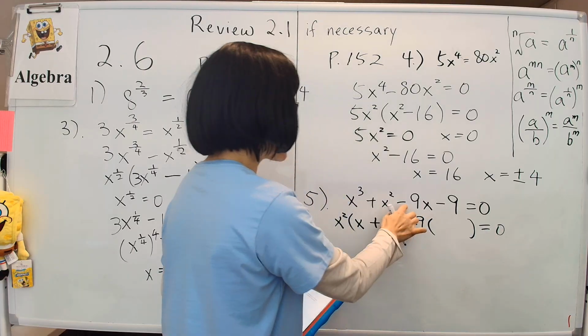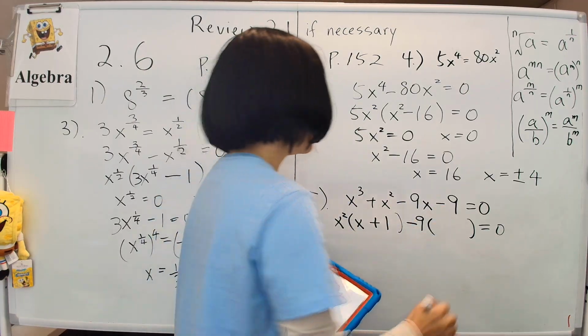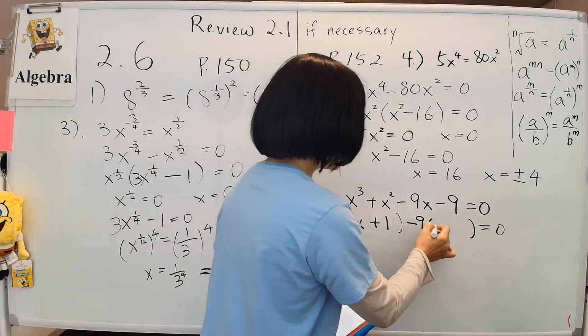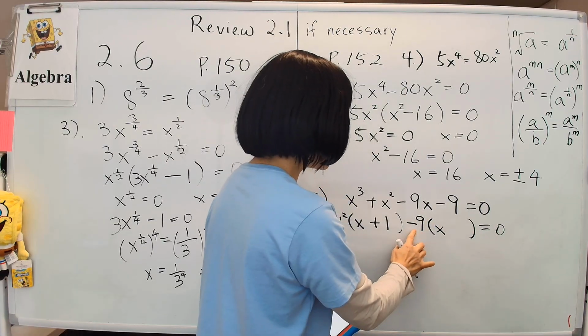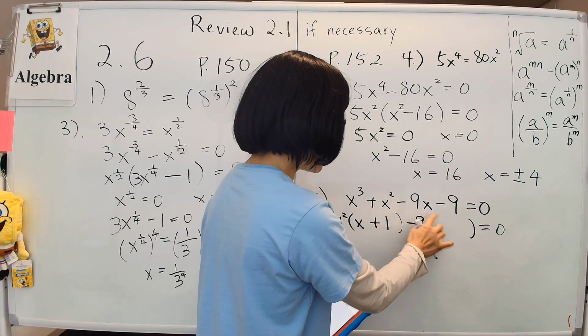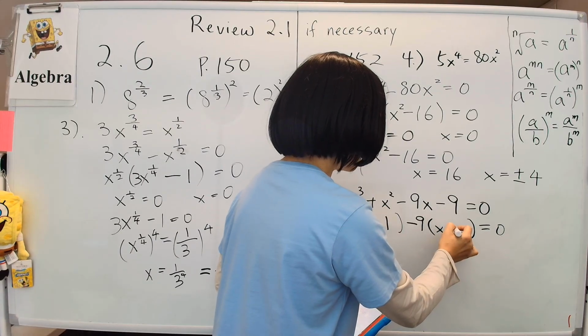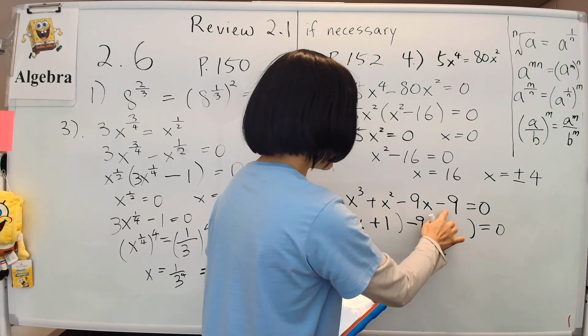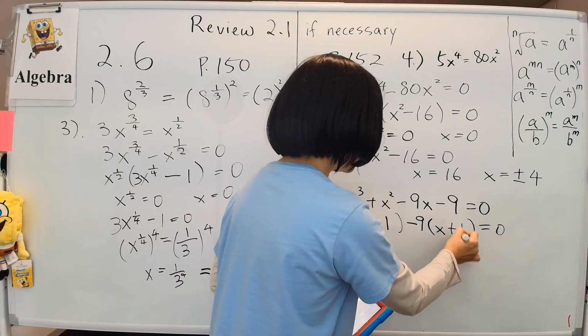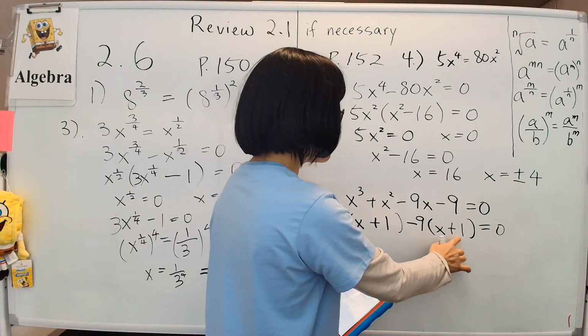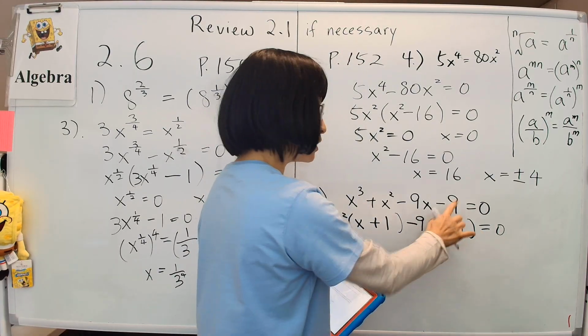That is, we're going to factor out the negative sign as well. So then what we have left is just x, okay, because minus 9 times x is minus 9x. And secondly, we're going to factor that out. That gives us positive 1. Being that positive 1 times negative 9 is negative 9.